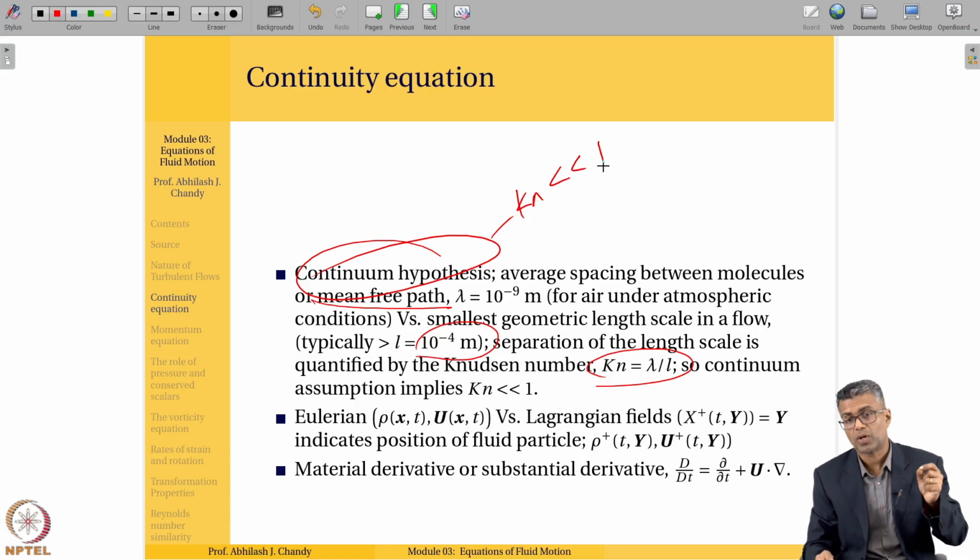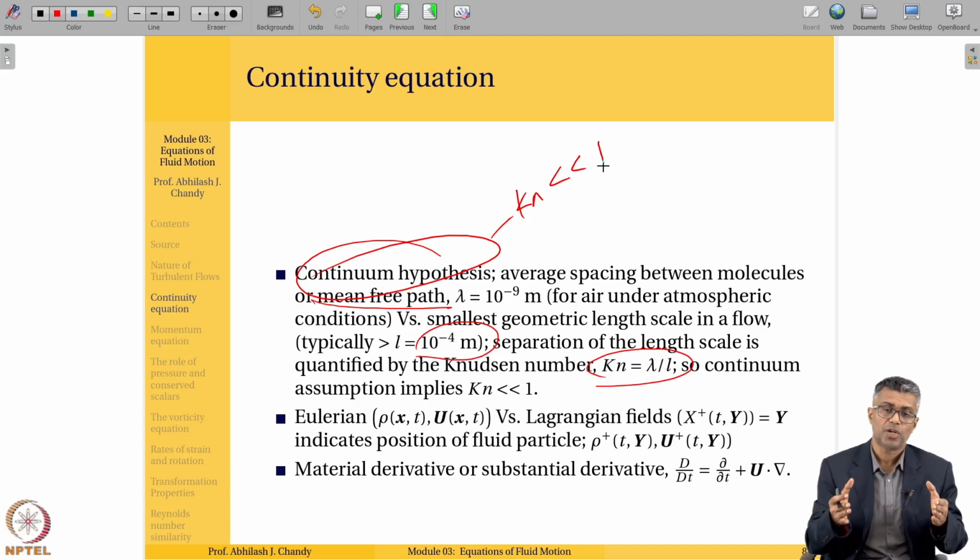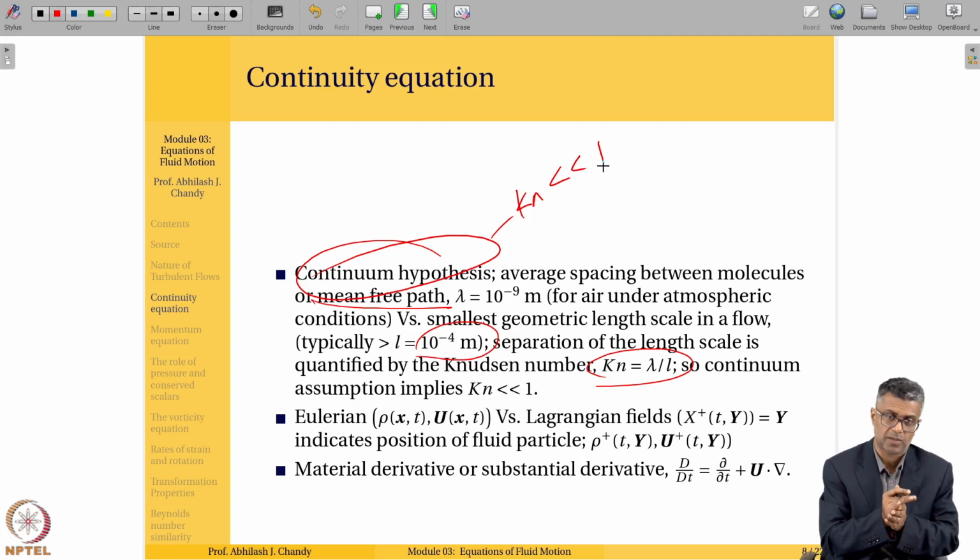Okay. Now a couple of other terminologies or contexts that I want to present here is the Eulerian versus the Lagrangian. Now what does Eulerian mean? Eulerian means the observer is fixed and you are looking at flow past the observer.